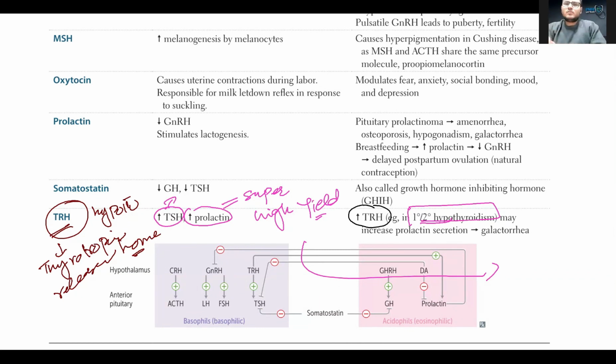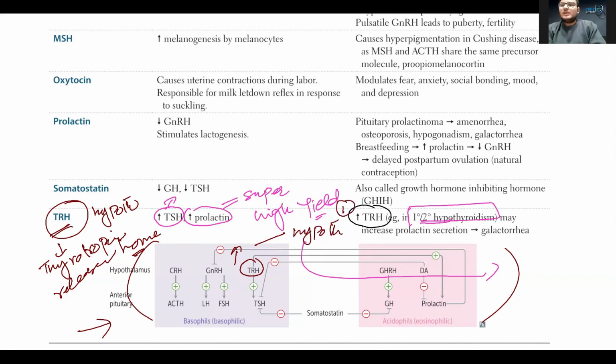Start from here. I will show you in this diagram. Understand from this diagram. Okay. First of all, there is decreased T3, T4, hypothyroid. So the feedback response will go to the hypothalamus. That feedback response will be to increase thyrotropin releasing hormone. Is that clear? The increase in thyrotropin releasing hormone was initiated by the hypothyroidism.